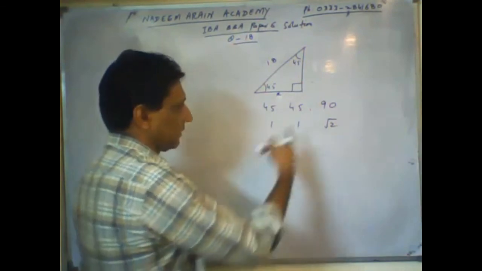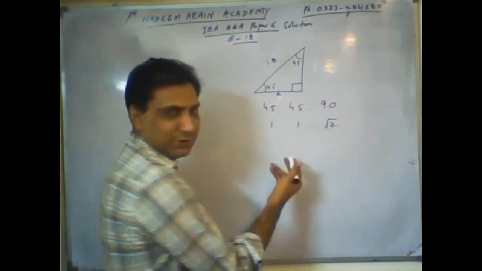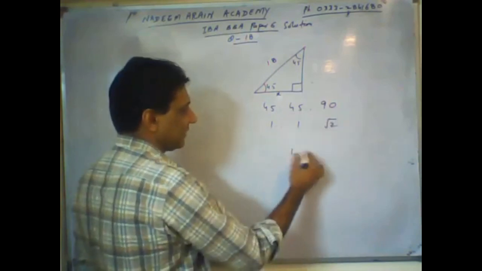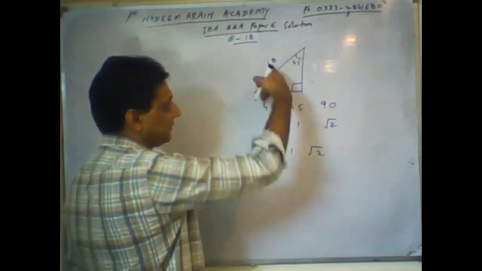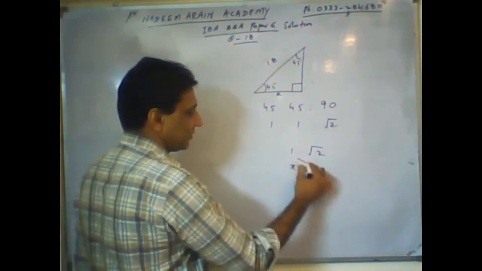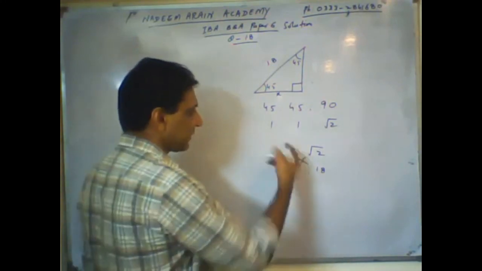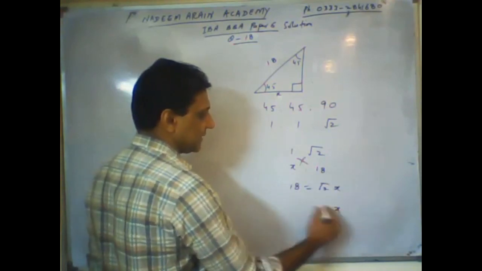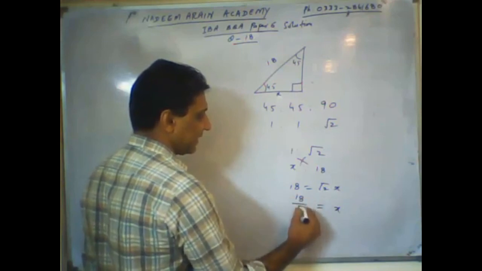This is given as 18, and this is what you need to find. So you take 1 and root 2. The ratio of the 45 side to the hypotenuse is 1 is to root 2, and this is given and this is required. So x is to 18; you just cross multiply. 18 is equal to root 2 times x. So x is equal to 18 divided by root 2.